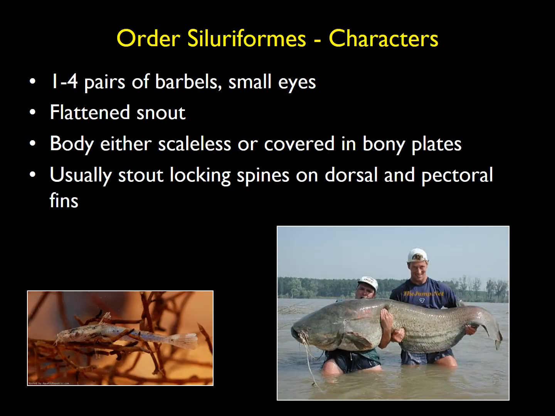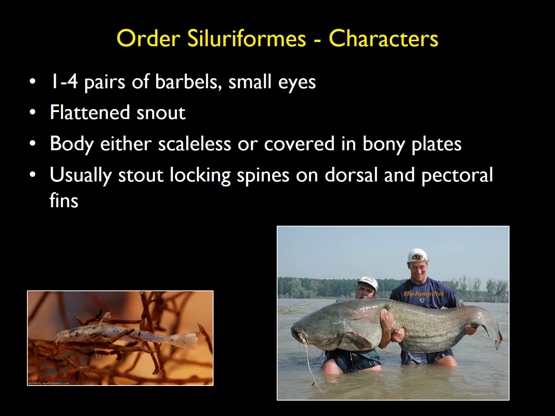Alright, so order Siluriformes. These are the catfishes. They have barbels, depending on the species. The number of them can vary, but small eyes. So these are mostly taste and smell scent feeders, although the channel catfish is an exception. The body is either scaleless or covered in bony plates, like the Plecostomus catfishes have.